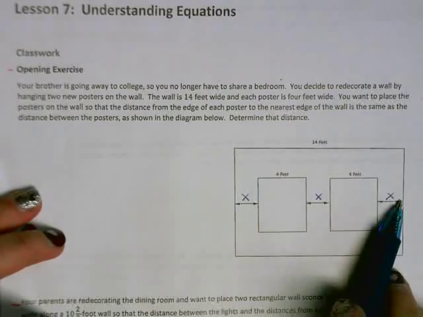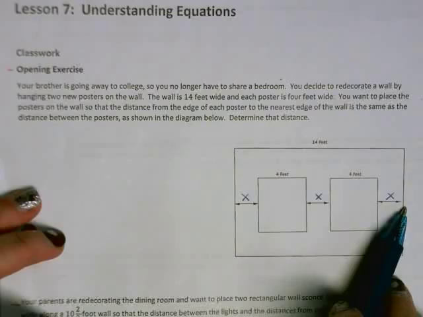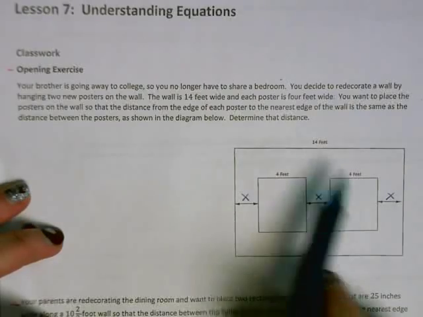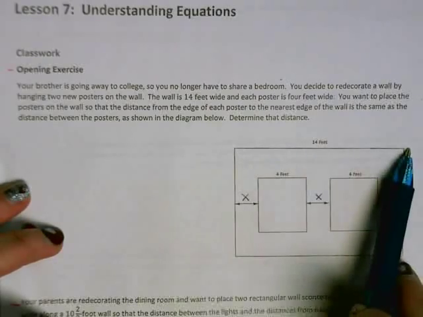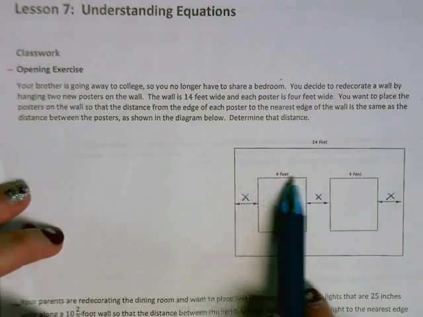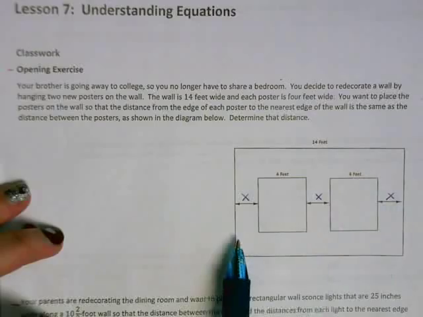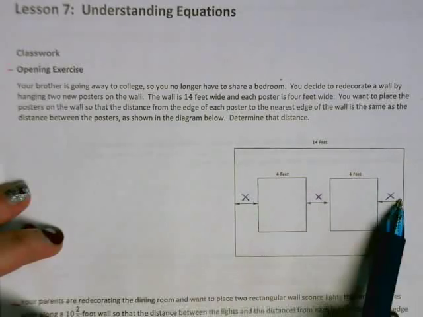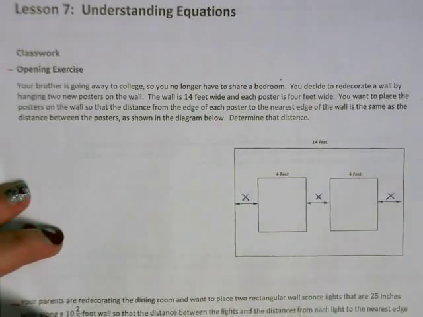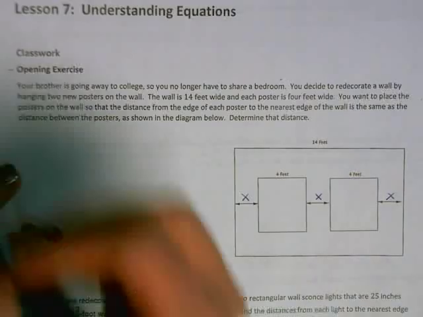If we were just going to use any method, I might say, well, if I've got 14 feet and I know I'm taking away this 4 feet and this 4 feet, I'm going to have some distance left, and I've got 3 of those distances.